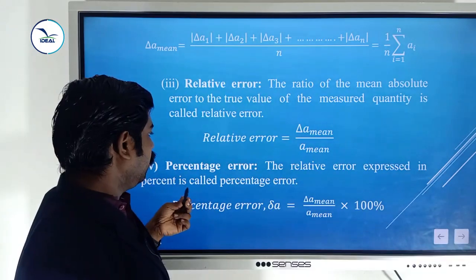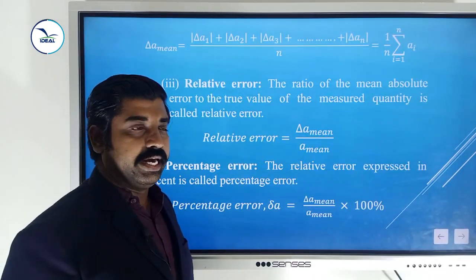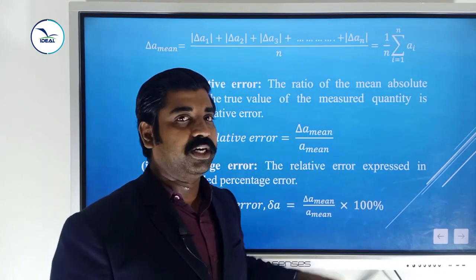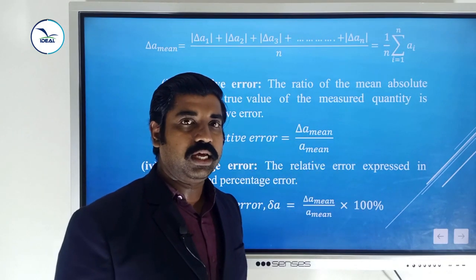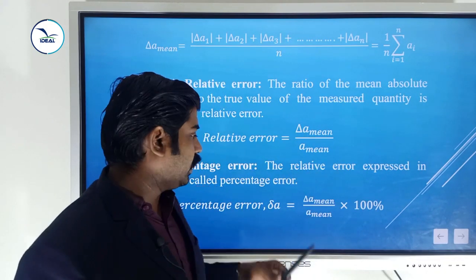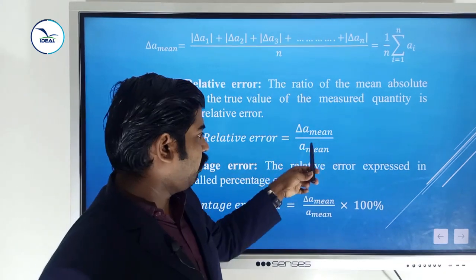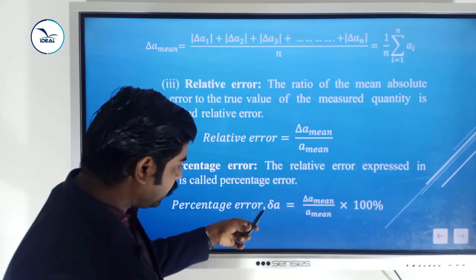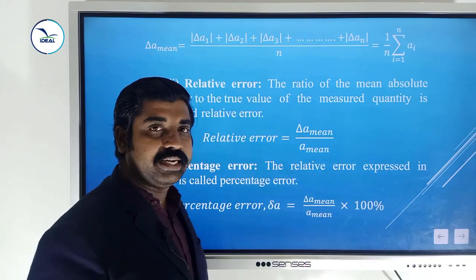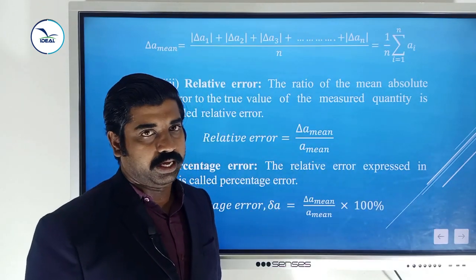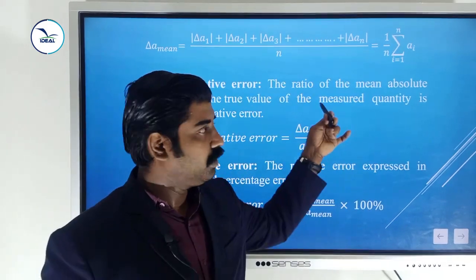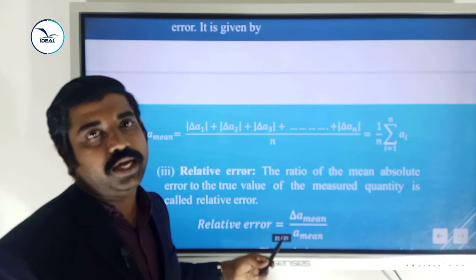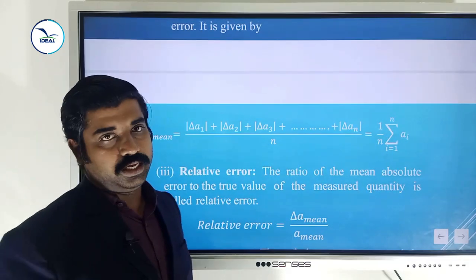Clear? Then percentage error: if we represent the relative error in percentage, it is called percentage error. That is delta A mean by A mean into 100. Clear? Absolute error, mean absolute error, relative error and percentage error.